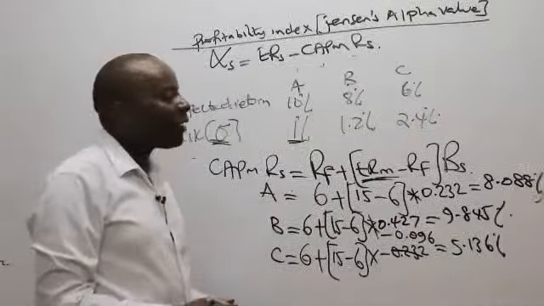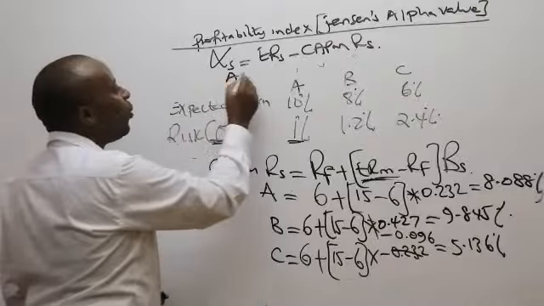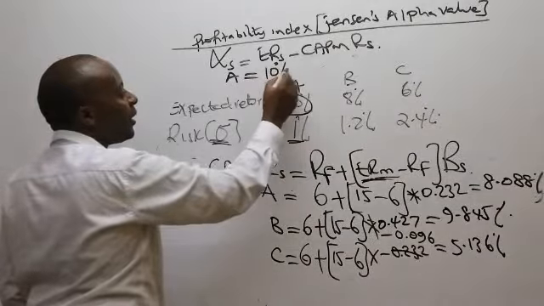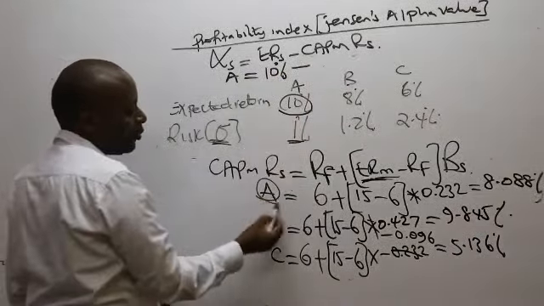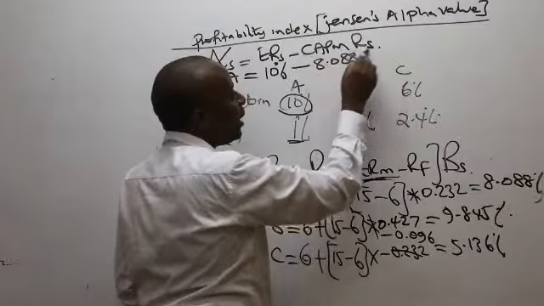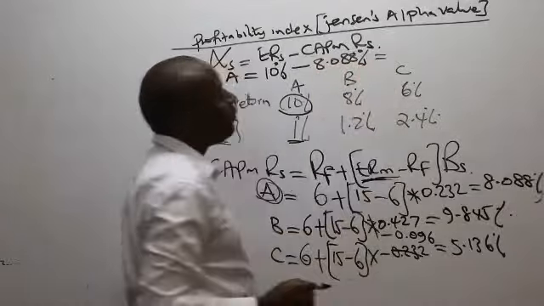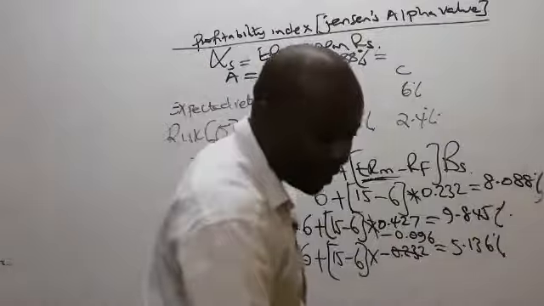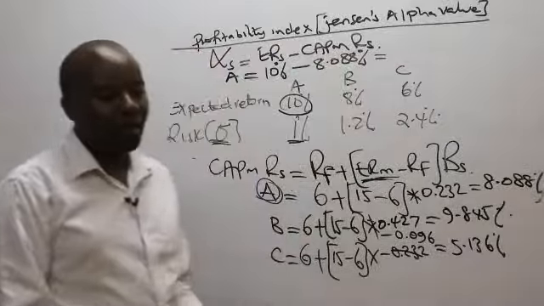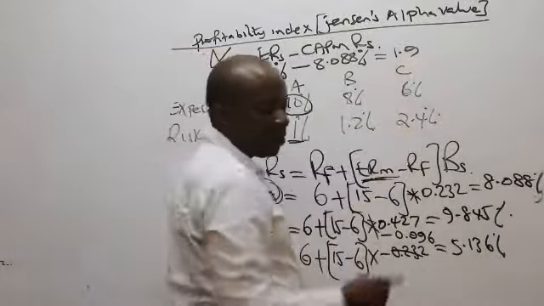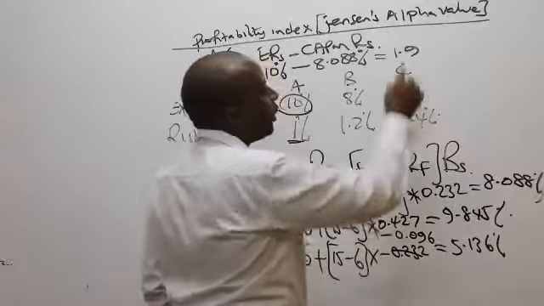For example, if it is A, we know the expected returns of A are 10% minus the CAPM returns of A, which happens to be 8.088%. Could you kindly give me that figure? It is 1.912. Thank you very much.